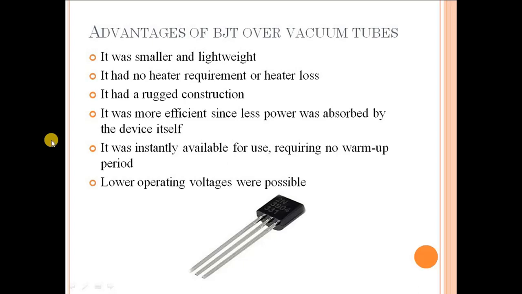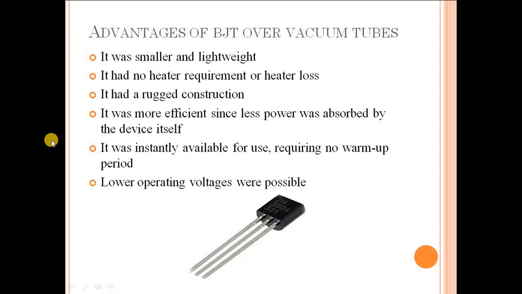The BJTs were instantly available for use, requiring no warm-up period, whereas the vacuum tube triodes had a cathode which needed a heater. A heating operation has to be done to the cathode in order to bring them into use. So with the vacuum tube triodes, you have to wait until the cathode gets heated up enough.